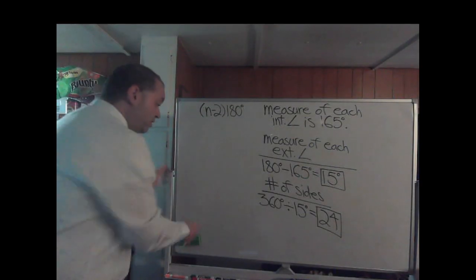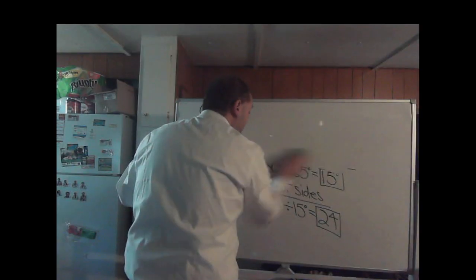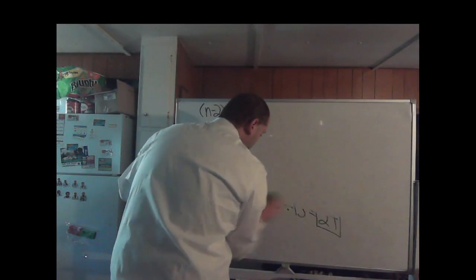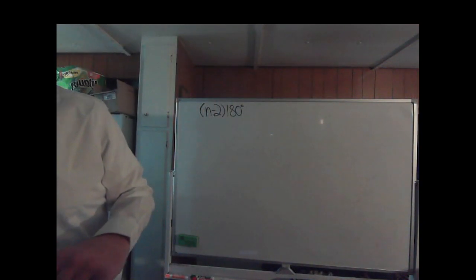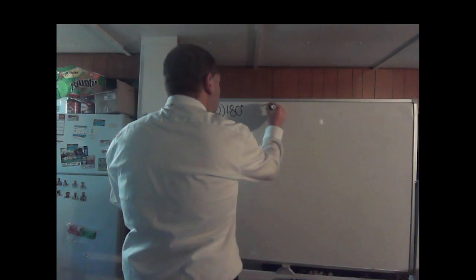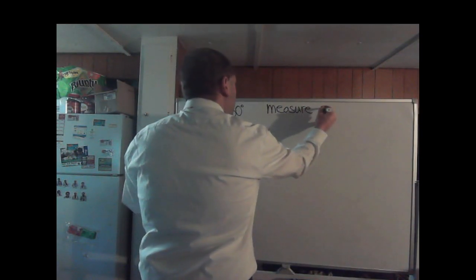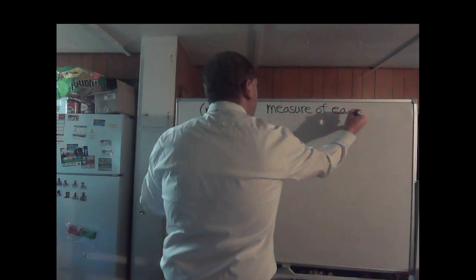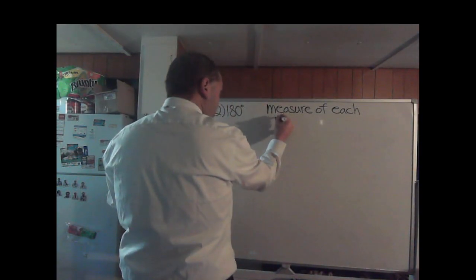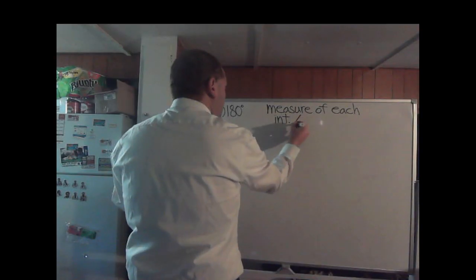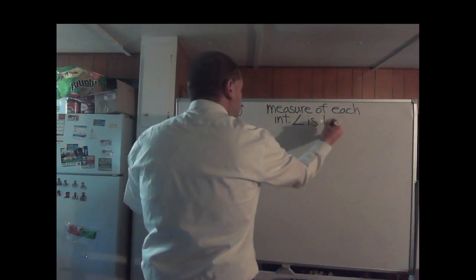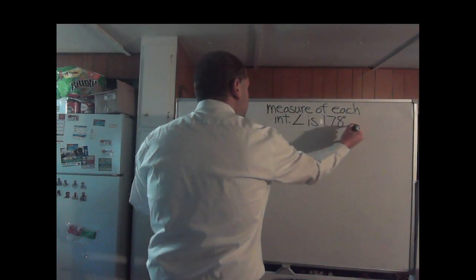And I got one more problem like it, and that's actually the last problem for this lesson. Alright, so what do they give us in this particular one? They give us that the measure of each interior angle is 178 degrees.